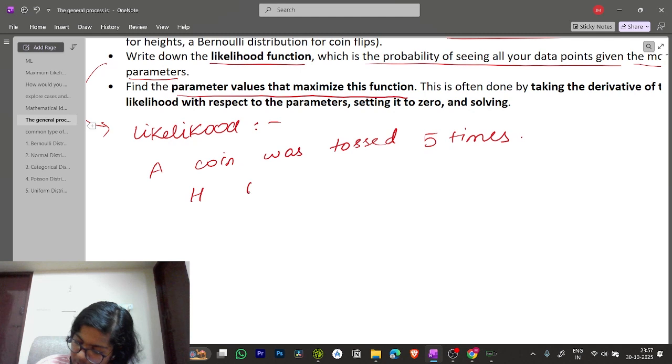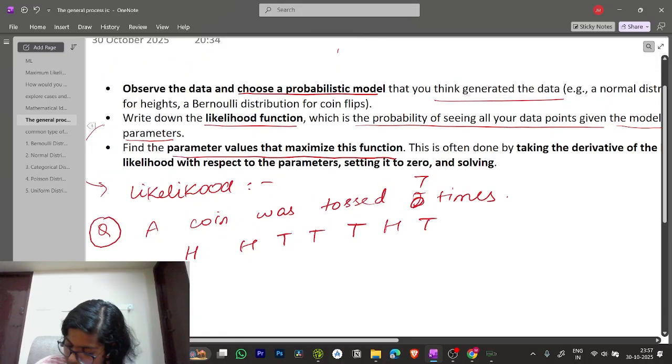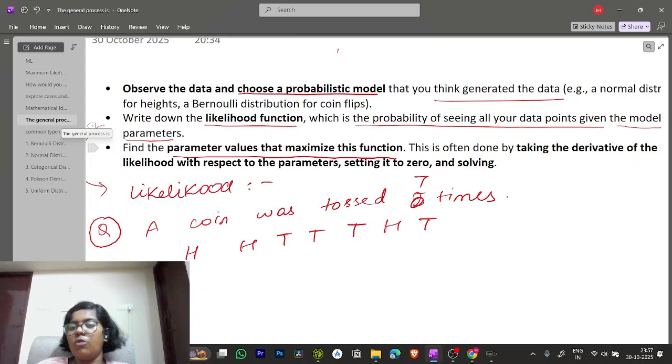It resulted in head, tail, tail, head, tail and so on. We will do this question once we read all the points. Then find the parameter value that maximizes this function. So what do we do to maximize this function? In maths, how do you find the maximum of a function? We find the derivative and equate it to 0. Then you solve it, and you get the answer.